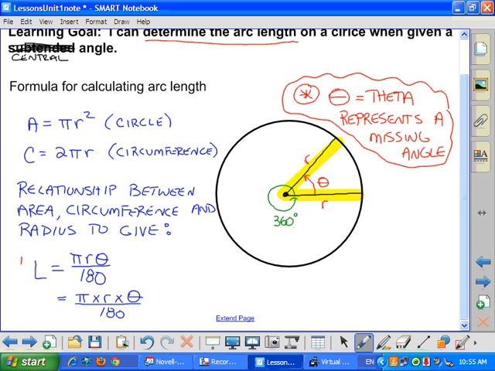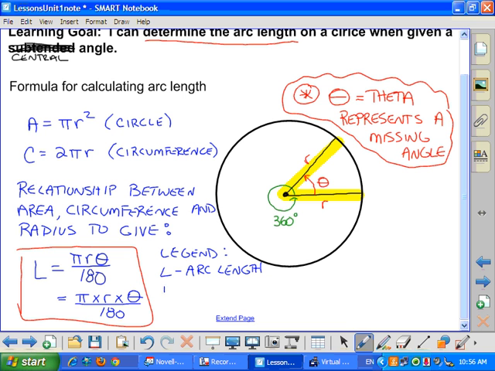I'm going to give us a legend here in a sec. So legend: capital L is your arc length. Small r is radius.